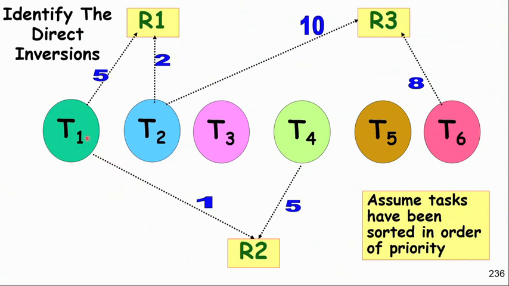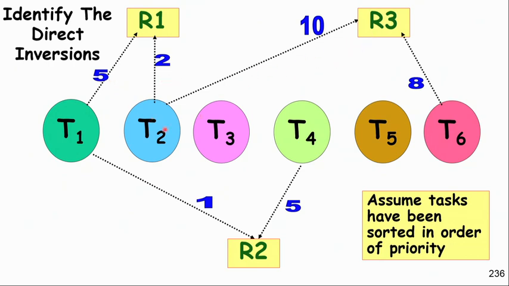There are 6 tasks, and in this task graph, the critical resources each task needs, and the duration for which it needs them, have been represented. T1 and T2 need R1, T1 needs it for 5 units, T2 needs it for 2 units.